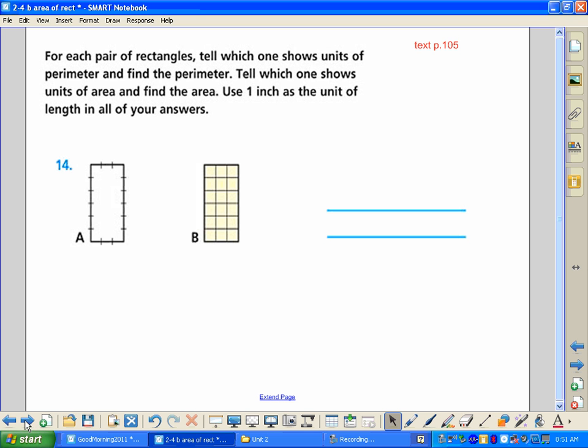We could count up the squares on the inside, if there are squares. Sometimes there are not squares. For the ones that we're starting off with, they will have squares, just so that you guys can see them.